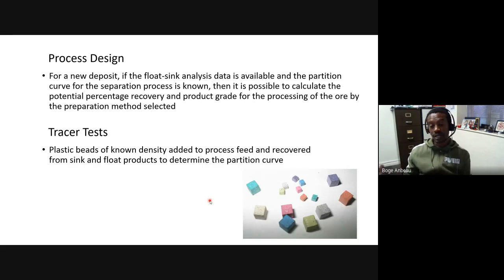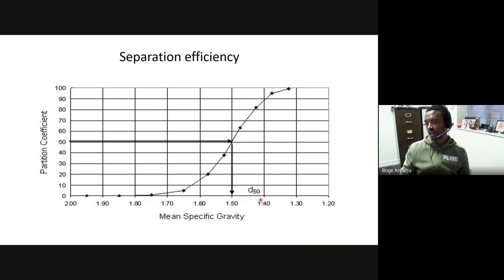And you can actually use that as a guide to see how good your separation is as well. Okay, so some of the things that you can do to assess the performance of a gravity separator may involve just doing some basic tests, including a plastic bead. And also you can use some of the information from here in your process design as well.